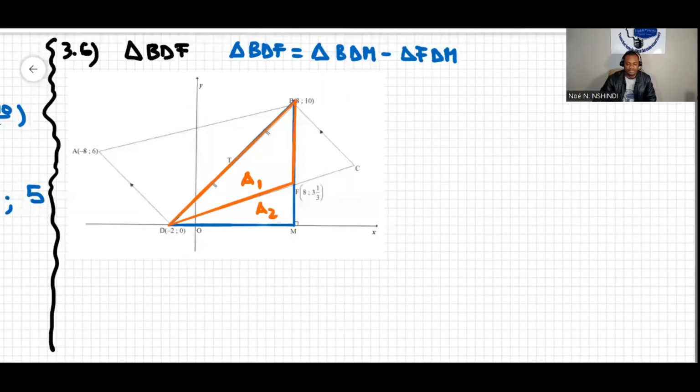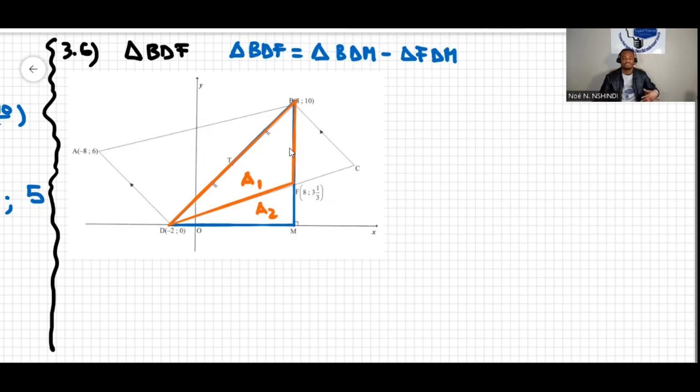I guess you get it, because BDM is the whole thing. If I take out FDM, area 2, the second area, then I get BDF, only this part.